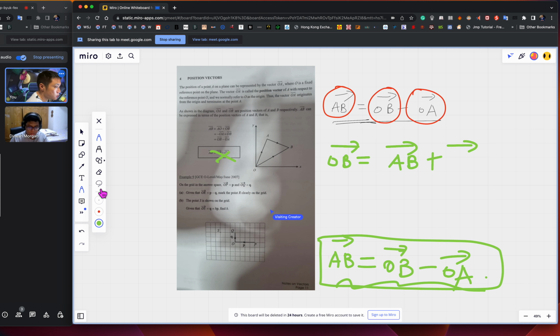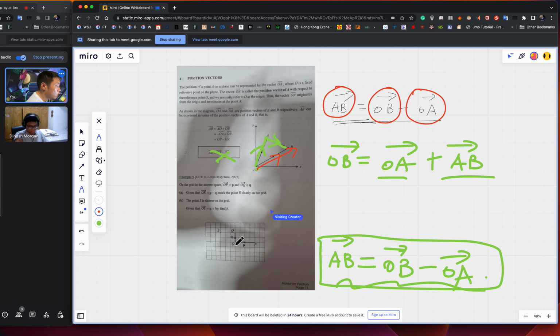I'm sorry, it should be OA here, and there should be AB here. In the diagram, OA is this direction, then plus AB means this direction, so the answer should be this. It makes complete sense, right?